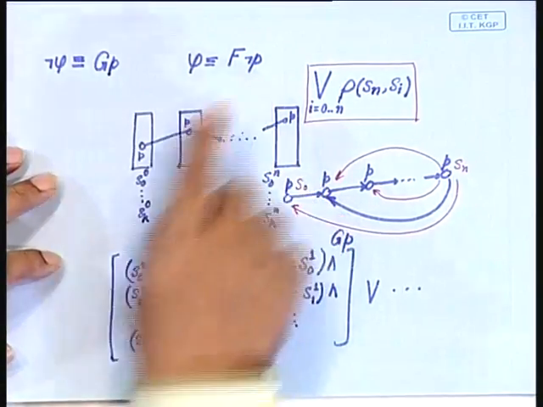How many variables? n cross k variables: n time steps, k variables in each time step. If you can find a valuation of these n cross k variables which satisfies both of these, then we have found a counter example or a witness for GP, and therefore, a counter example for F not P.